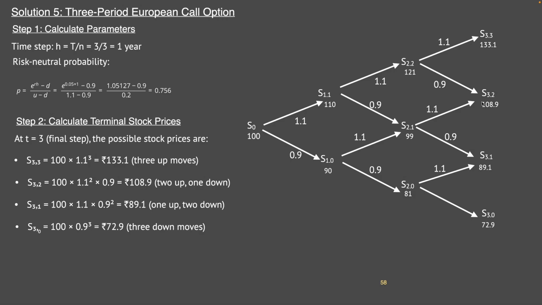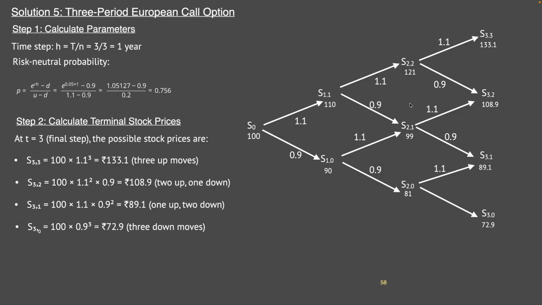But we can reach the same node using another route: 100 into 1.1 becomes 110, 110 into 0.9 becomes 99, and from 99 it again moves up by 10%, it becomes 108.9. So we can take any route to come to this S32 value and you will get the same stock price of 108.9.